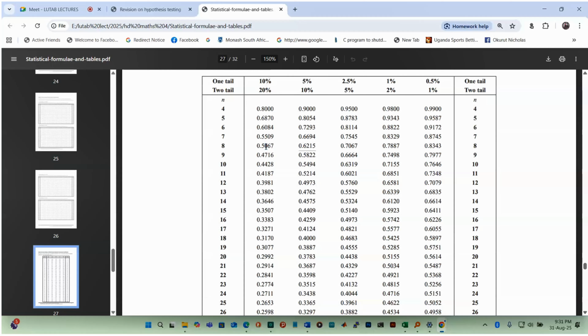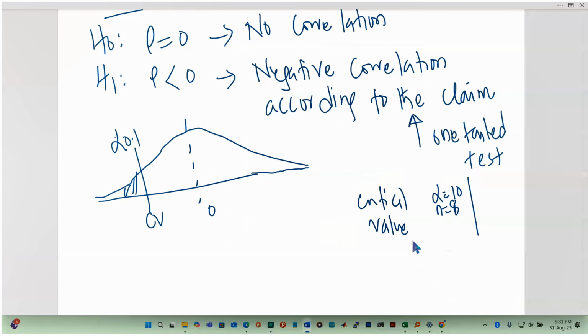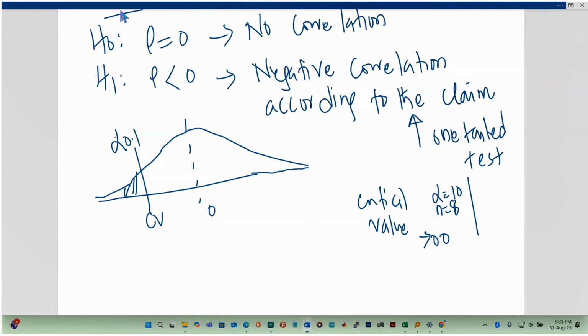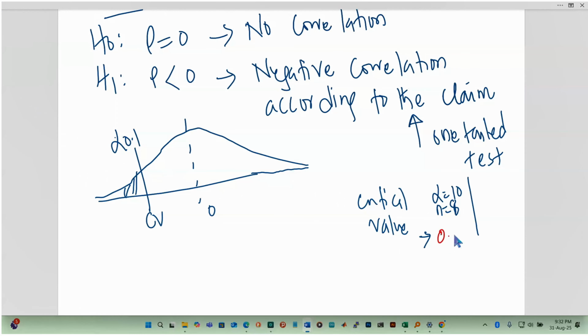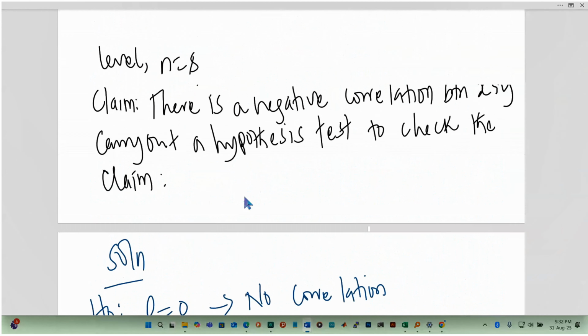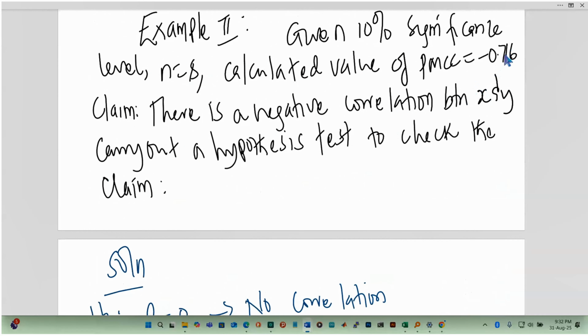So this would give you 0.5067. So we have negative 0.5067. If the values are this side, then you put a negative. Yeah, so let's go to our value. The calculated value is negative 0.716.